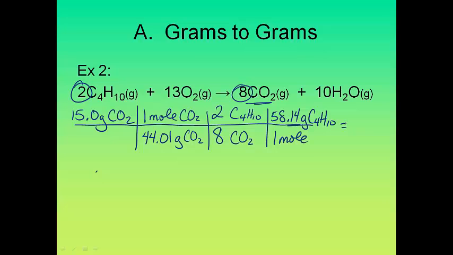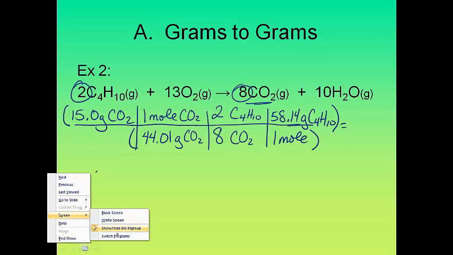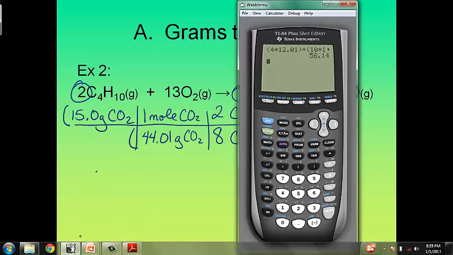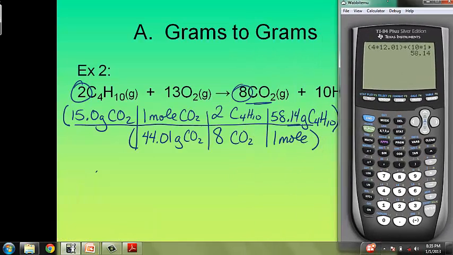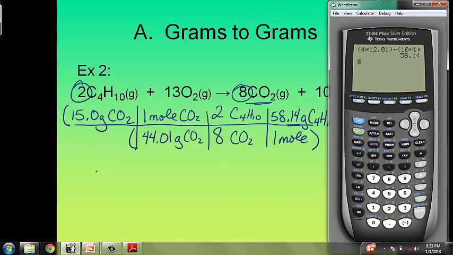Now, remember what I said about parentheses. I'm going to put parentheses around everything on the top and parentheses around everything on the bottom when I plug it into the calculator. So again, I whip out my handy dandy calculator and go to town on my calculations. I'm going to slide this over to the side so I can see what I'm actually doing. I open my parentheses and type 15 times 2.